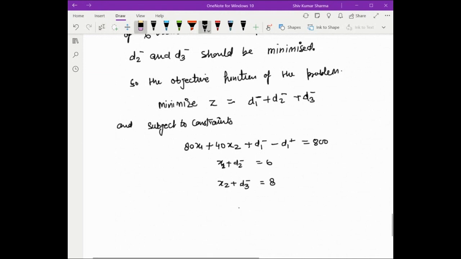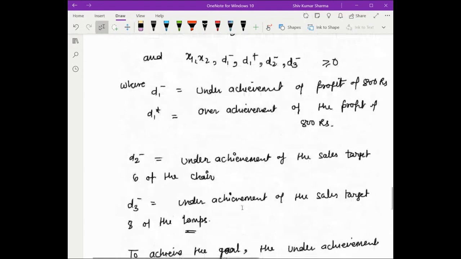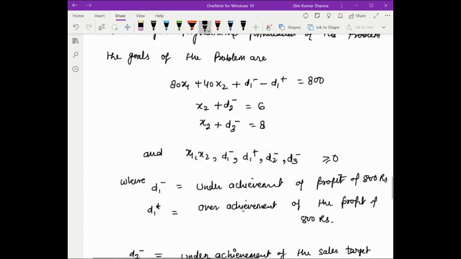This is x1, not x2, two variables here, so write x1 and x2.